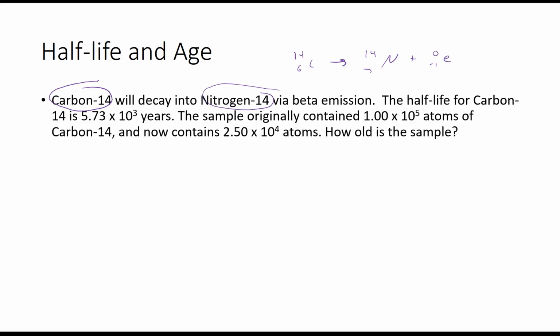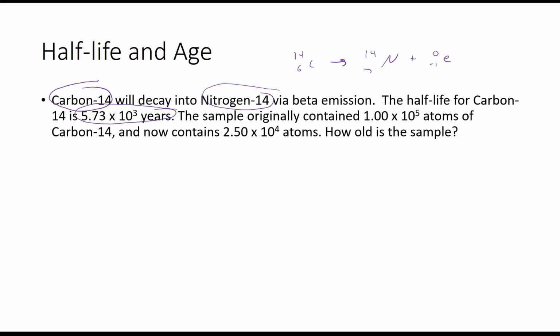Remember that atoms are really small, so we're going to have a whole bunch of those atoms in one place, a very, very large number to make a very small sample. The time required for half of the carbon-14 to decay into nitrogen-14 is about 5,730 years.